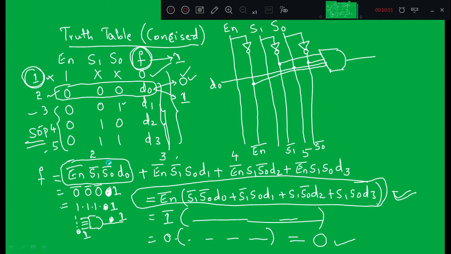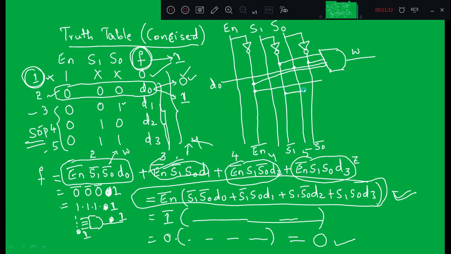I'll denote this first term as W, and the next ones as X, Y, and Z. So this output is W. Second term, enable bar, then S1 bar.